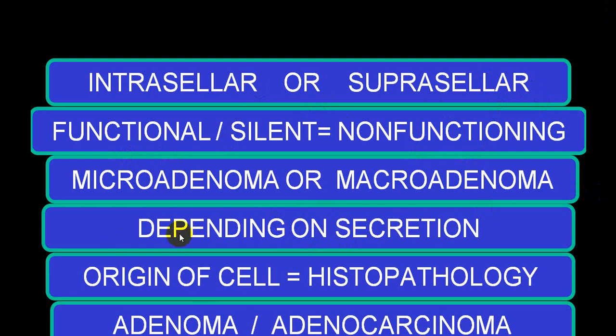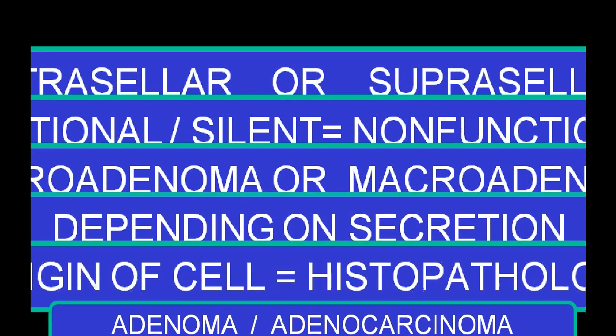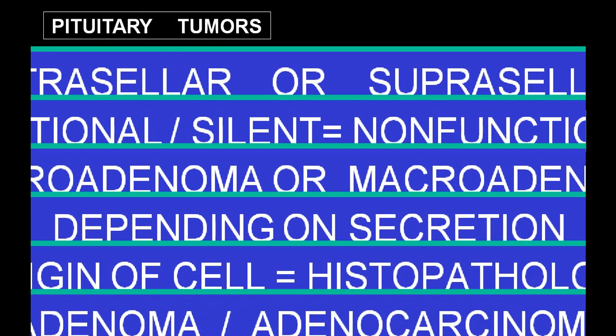So depending upon what hormone it is secreting, that will be hypersecretion. And depending upon the histopathology, chromophobe tumors, chromophil tumors, etc. And depending upon the other type of histopathology, that is adenoma, adenocarcinoma, and hyperplasia. These are the words which are commonly utilized. Do remember all this terminology.